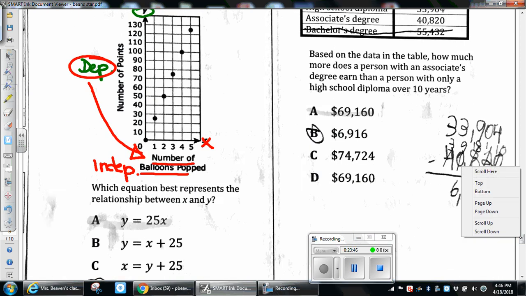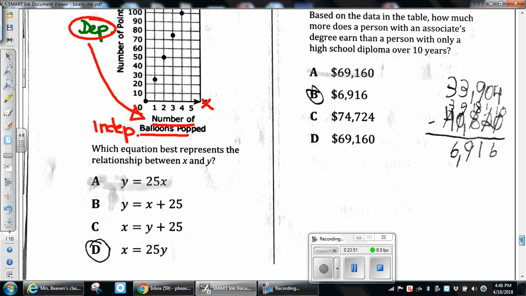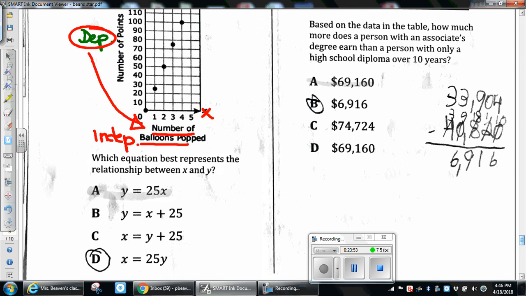And which equation best represents the relationship between x and y. So let's see what's going on. So we have a point here at 0, 0. Then we have a point here at 1. So for one balloon popped, you will get 25 points. And then for 2 balloons, you will get 50 points.